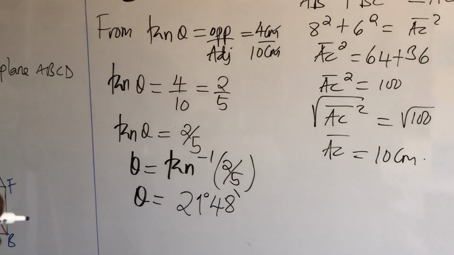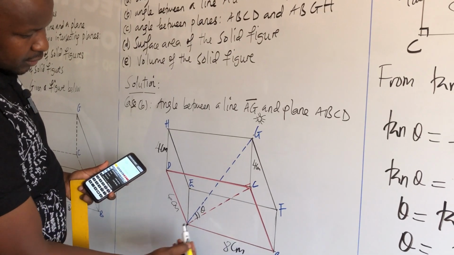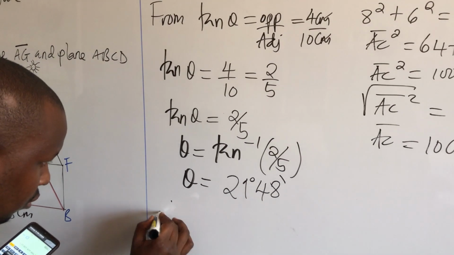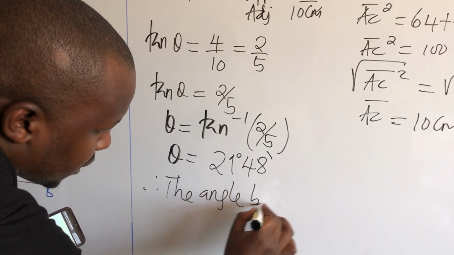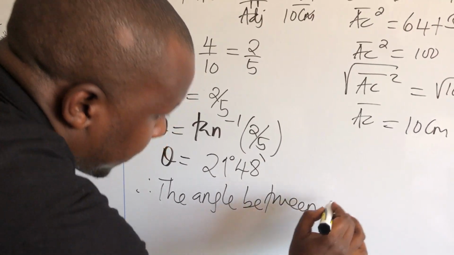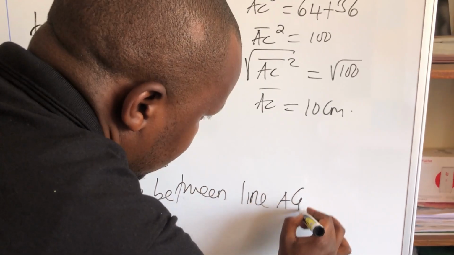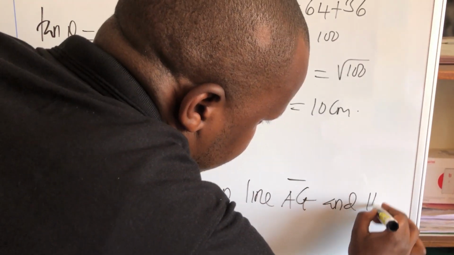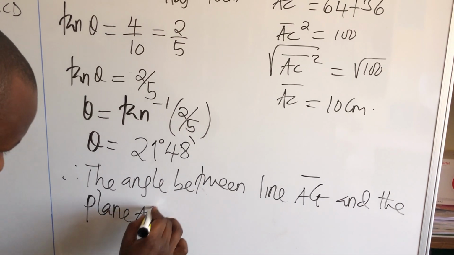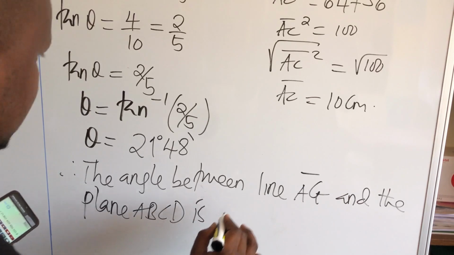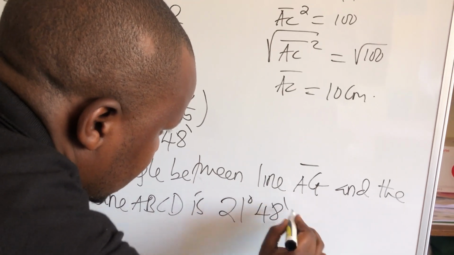Now, theta was representing the angle GAC or CAG. So we can conclude by saying the angle between the line AG and the plane, which is the base ABCD, is 21 degrees 48 minutes.